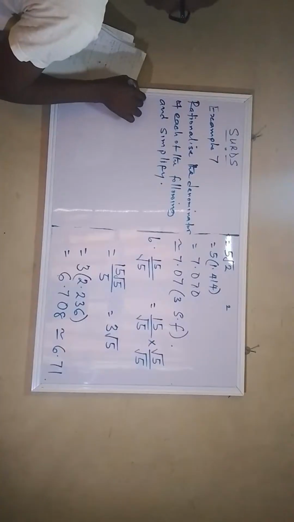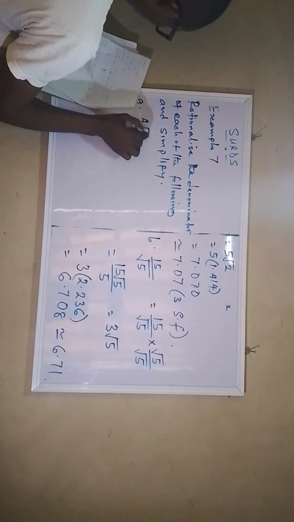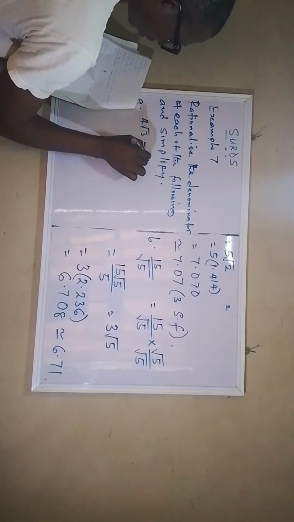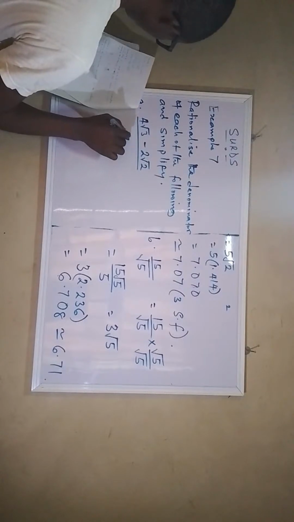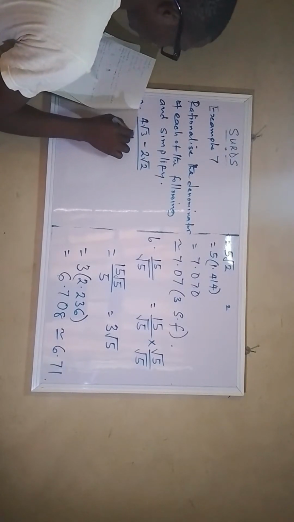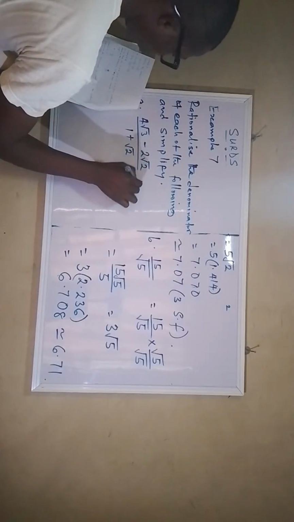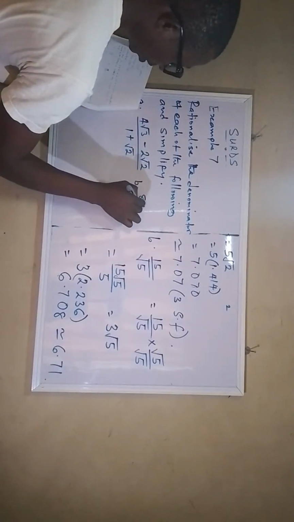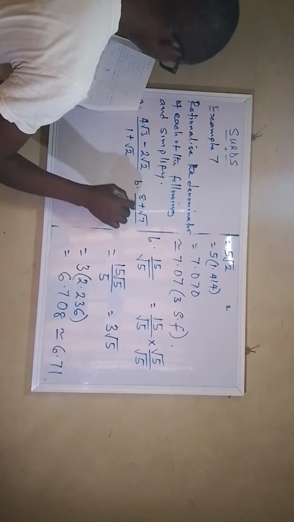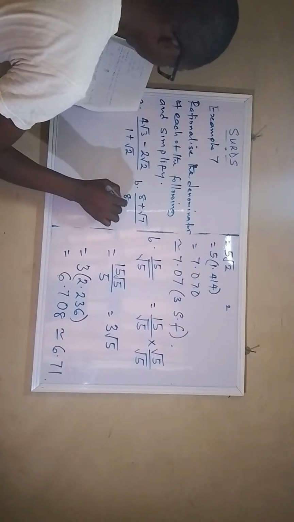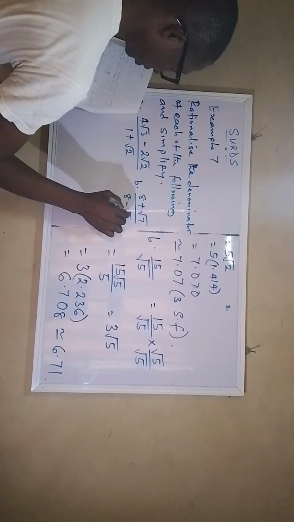So we have A, 4 square root of 3 minus 2 square root of 2 all over 1 plus square root of 2. And the second one is 8 plus square root of 7 over 8 minus square root of 7.